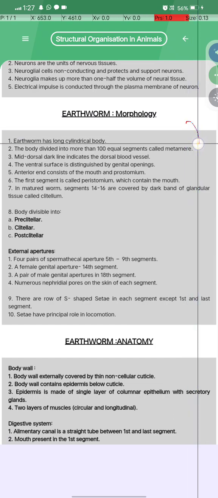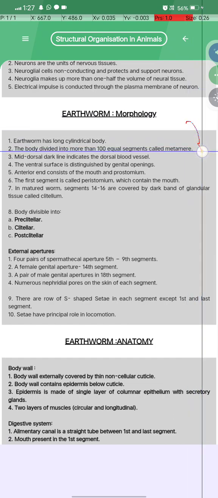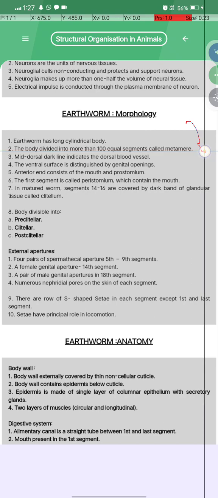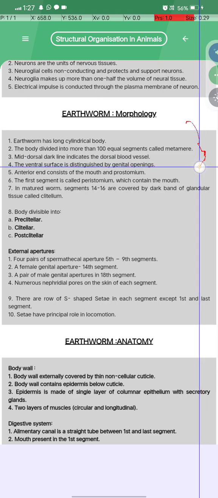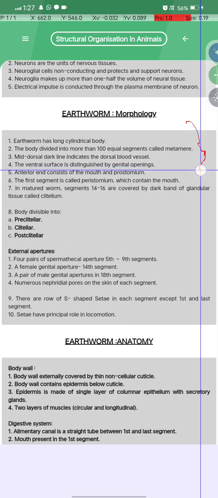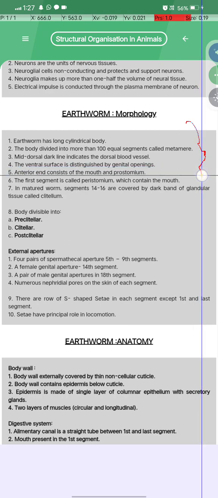Earthworm morphology. The earthworm has a long cylindrical body, divided into more than 100 equal segments called metameres. The mid-dorsal line indicates the dorsal blood vessel, and the ventral surface is distinguished by the genital openings. The anterior end consists of the mouth and the prostomium.